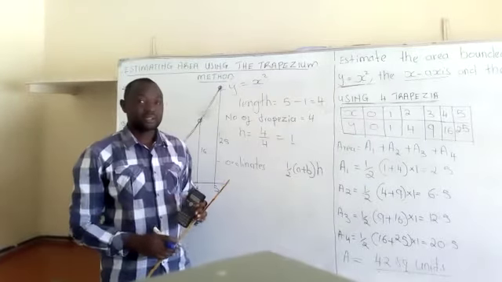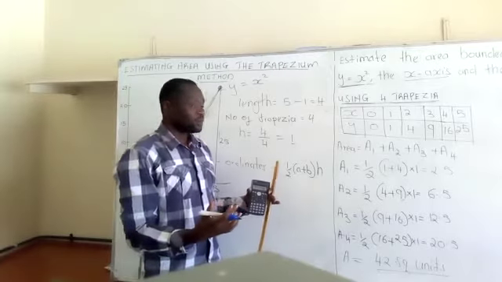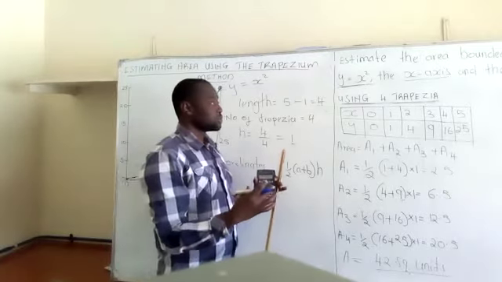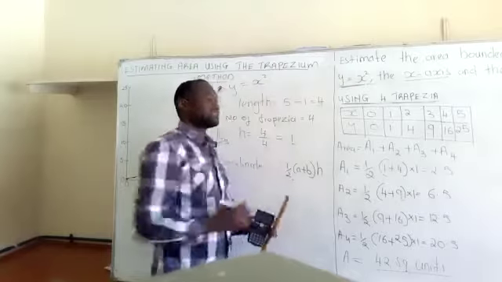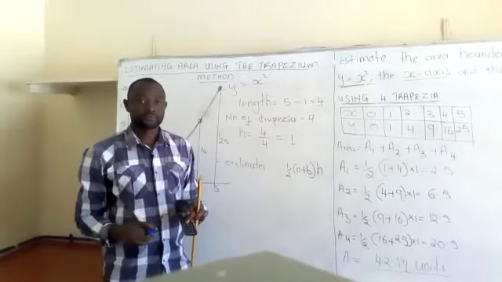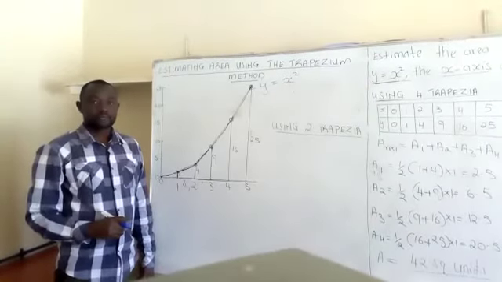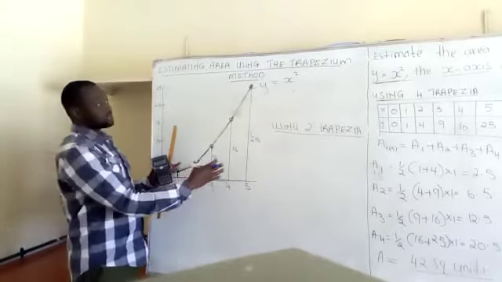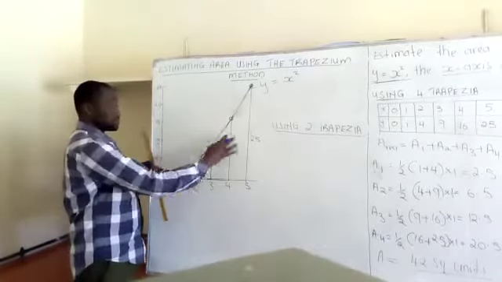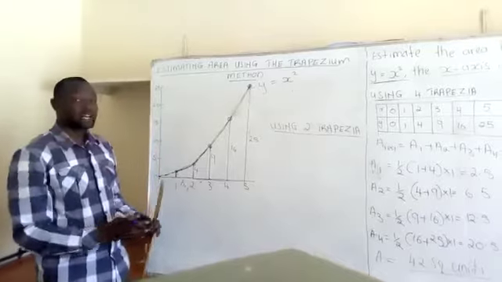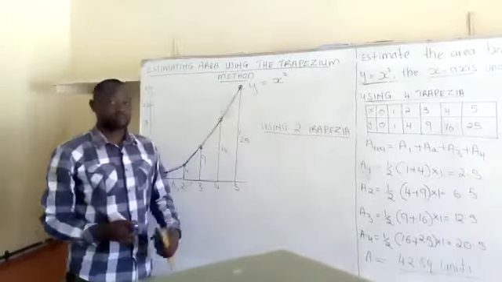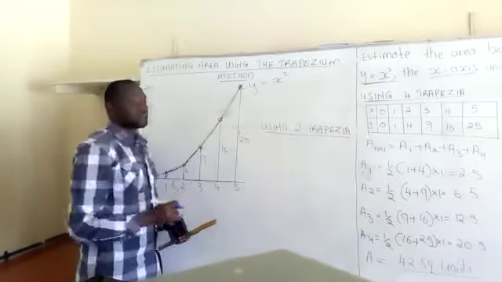What would happen if we were to use 2 trapeziums instead of 4? With the same question, we still want to find this area, but now instead of using 4 trapezia, we use 2 of them.